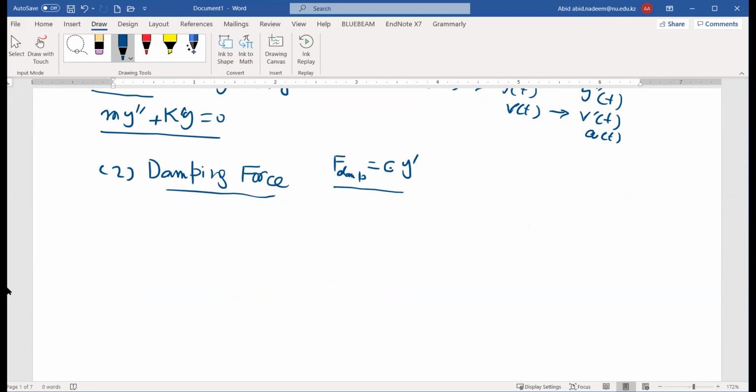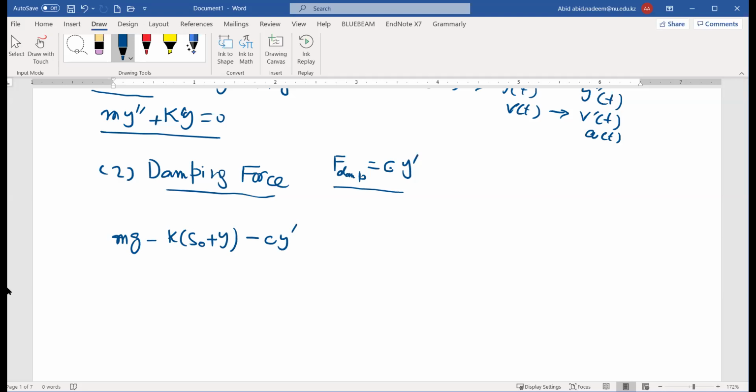For example, if we take the downward direction, initially there will be a weight mg in the downward direction, so that will be positive, and the spring force will be k times s naught plus y, and the damping force will be minus c y prime, because the damping force is also resisting the motion.